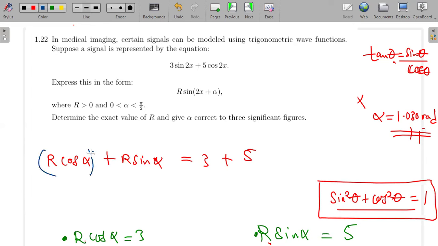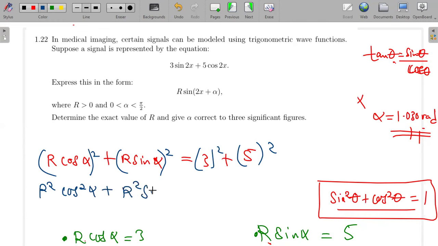This one, I'll square it. This one, I'll square it. Even this one, I'll square it. Since I've squared everything, I'm not changing anything. So this one gives me r squared cos squared alpha plus r squared sine squared alpha equals 3 squared, which is 9, plus 5 squared, which is 25.